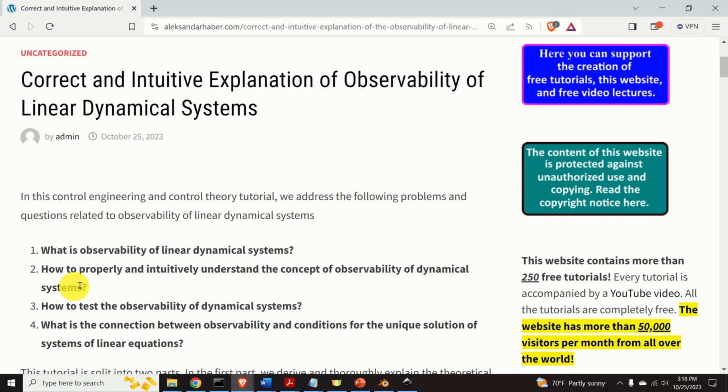How to properly and intuitively understand the concept of observability of dynamical systems. Question number 3. How to test the observability of dynamical systems numerically. Question number 4. What is the connection between observability and conditions for the unique solution of systems of linear equations?